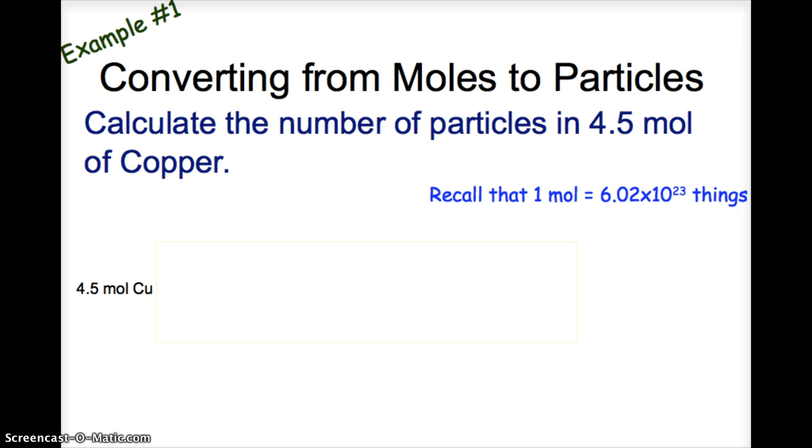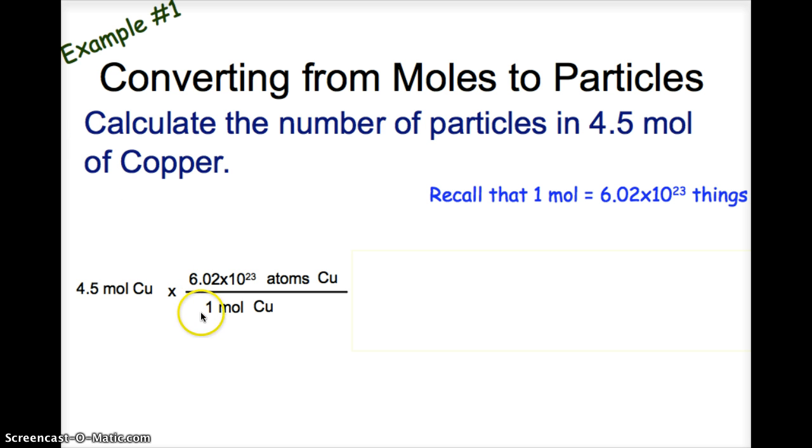So you're going to start with writing out 4.5 moles of copper because that's what you were given in this problem. And then you are going to apply this relationship that 1 mole is equal to 6.02 times 10 to the 23rd things.